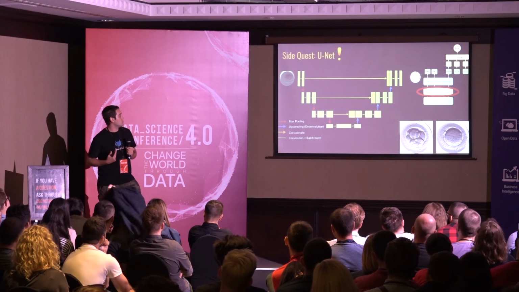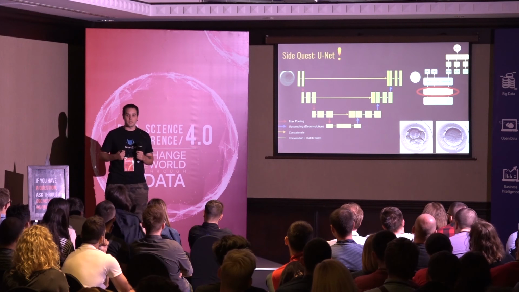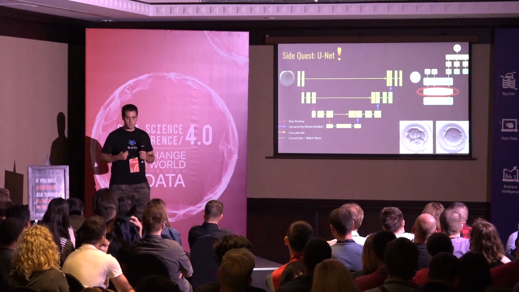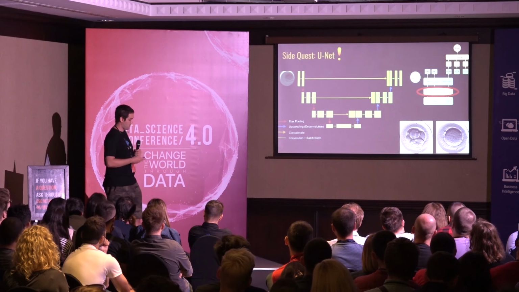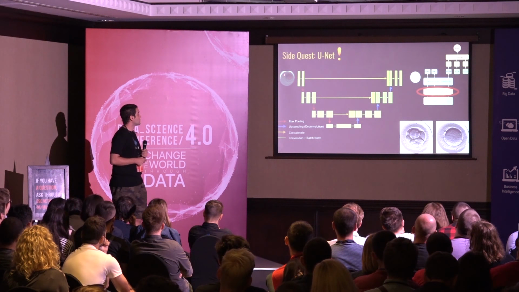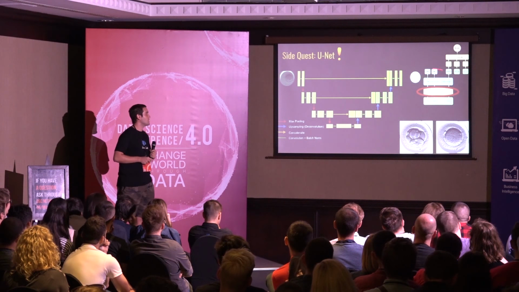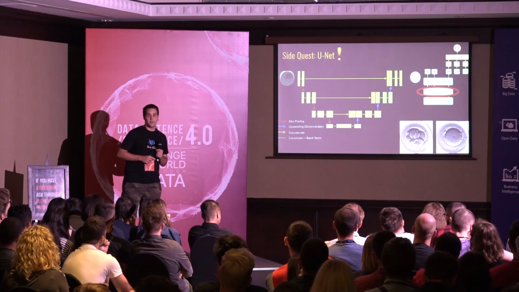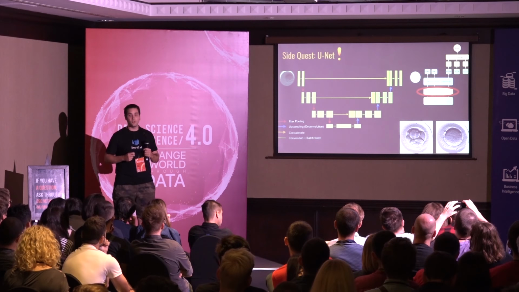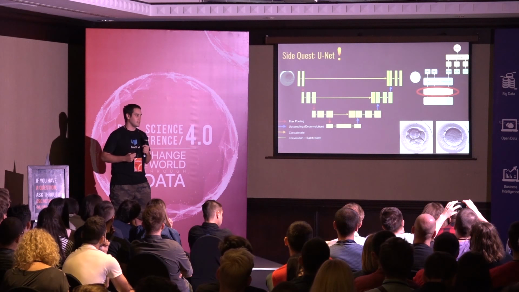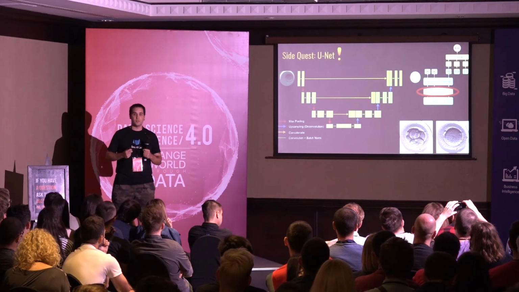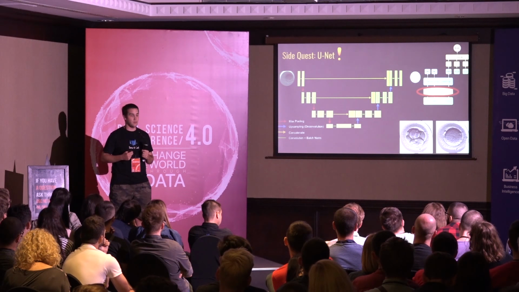And we wanted to train a neural net to learn to map from this raw image to a binary mask. And UNets are good because they need a very small data set to train well.